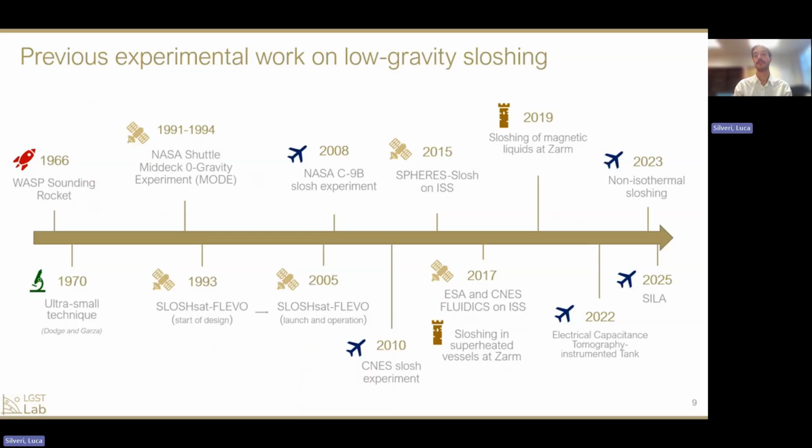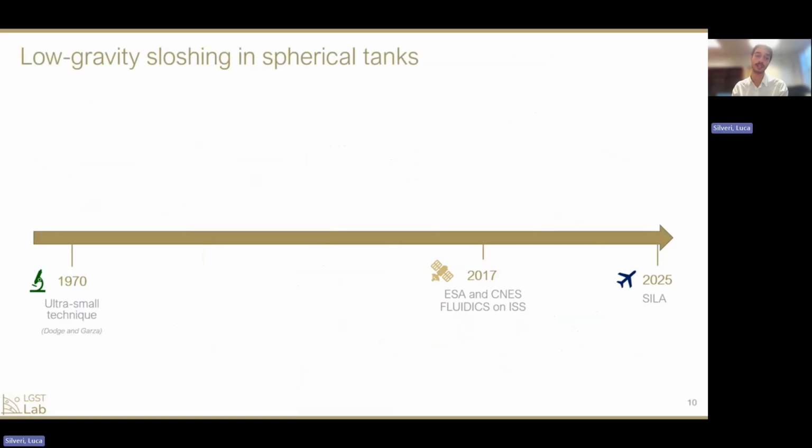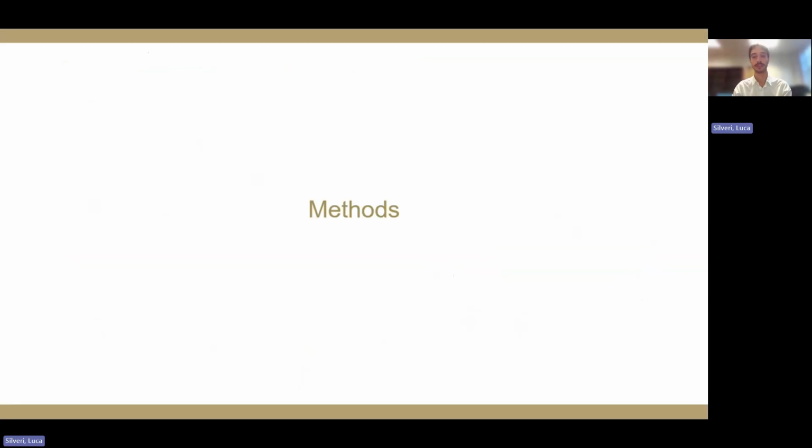But if we consider spherical tanks, so experiments that were only performed for spherical tanks, then we only have an experiment performed in 1970 by Dodge and Garza using the ultra-small technique, and an experiment performed by ESA and CNES on the International Space Station in 2017. So the SILA experiment aims to continue this line of experiments.